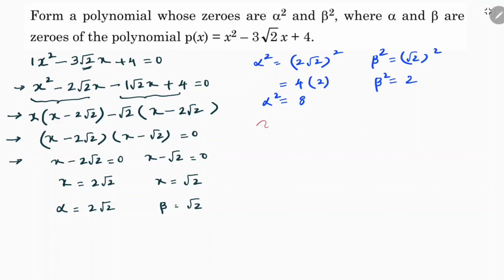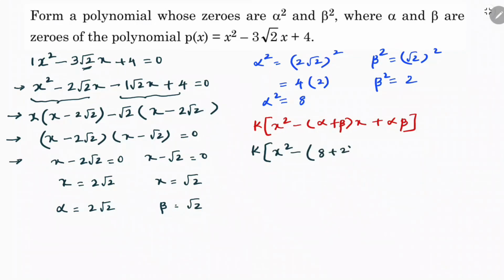So now to find the polynomial, the formula is k(x² - (alpha + beta)x + alpha beta). Here alpha and beta are the new zeros, that is alpha squared and beta squared. If I substitute the values, k(x² - (8 + 2)x + 8 into 2).